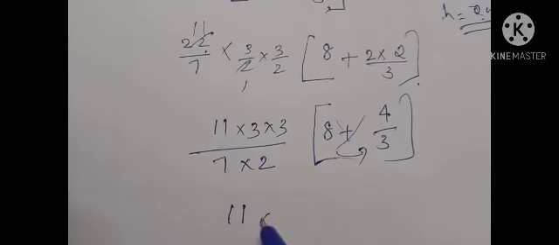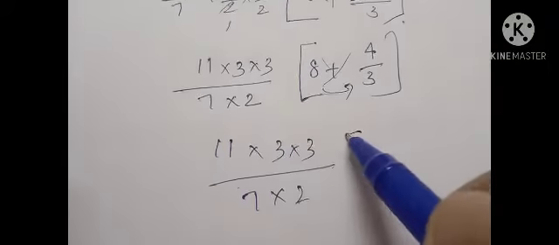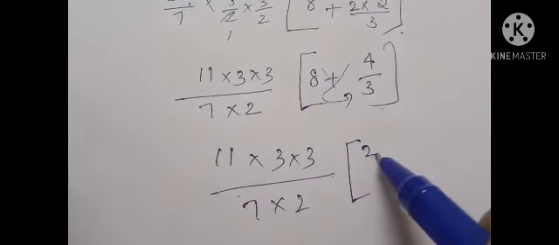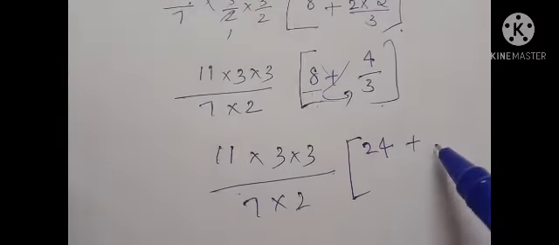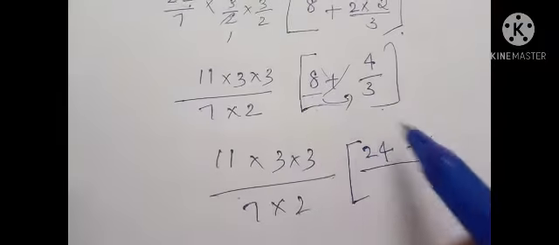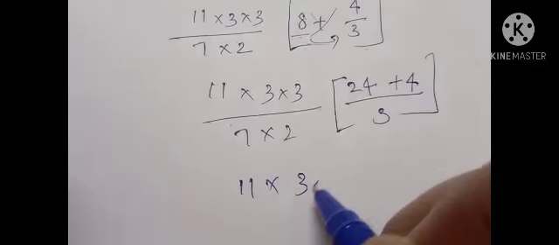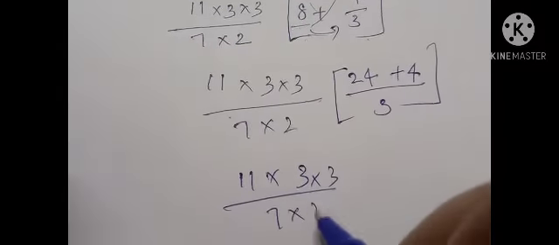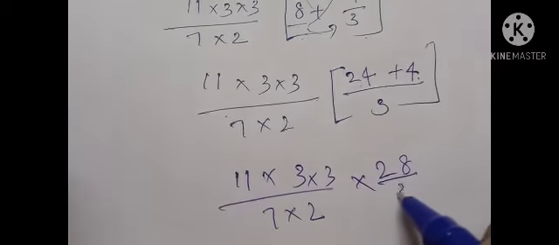So 11 into 3 into 3 by 7 into 2 into 8 into 3, 24 plus 4 into 1. Here no number means it is 1. 4 by 1 into 3 is 3 itself. Then 11 into 3 into 3 by 7 into 2 into 24 plus 4 is 28 by 3.